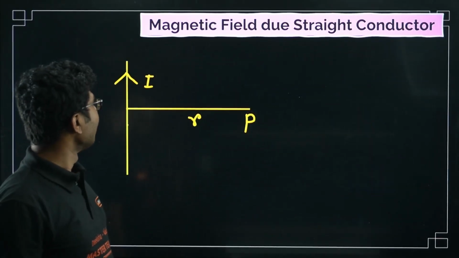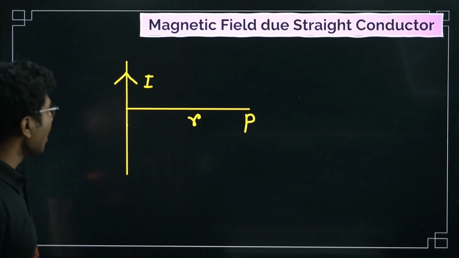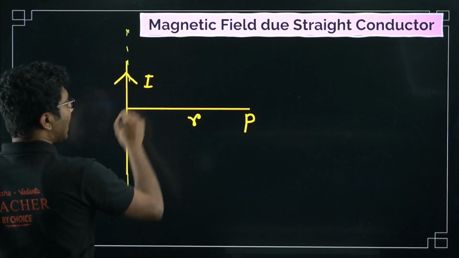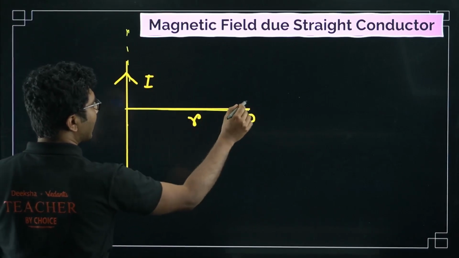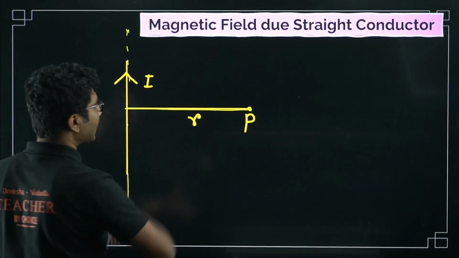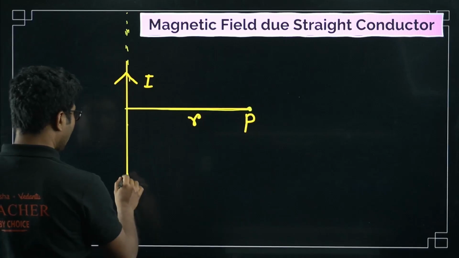Now let's look into the magnetic field due to a straight conductor. We have a straight conductor carrying current, say I, and we are trying to find the magnetic field at some point P at some distance r from the conductor. The conductor is very long from both sides.